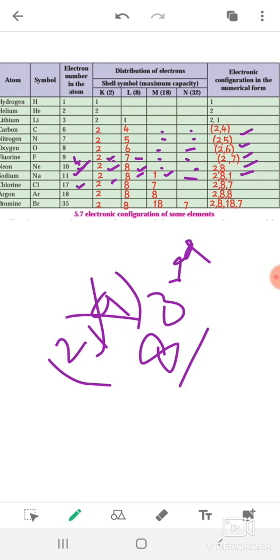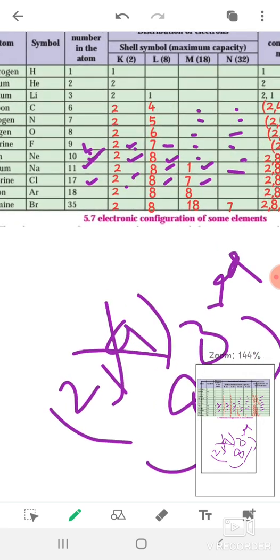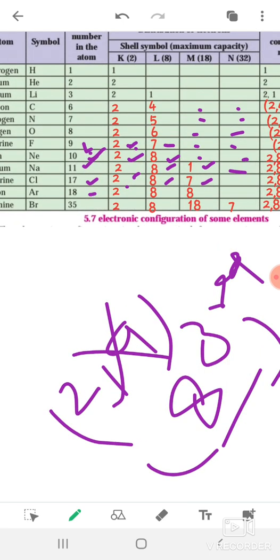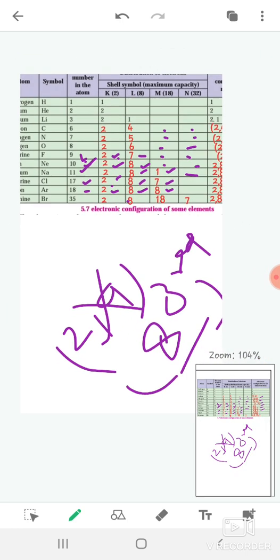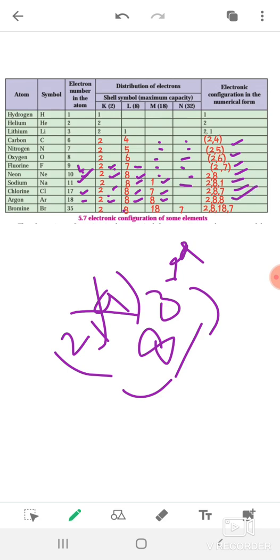Then chlorine having 17, so we can distribute it 2, 8 and 7. So the configuration is 2 comma 8 comma 7. And one more thing, you must put commas. Okay, now argon 18, so 2, 8 and 8, 10 plus 8 is 18. So the configuration of argon is 2 comma 8 comma 8.